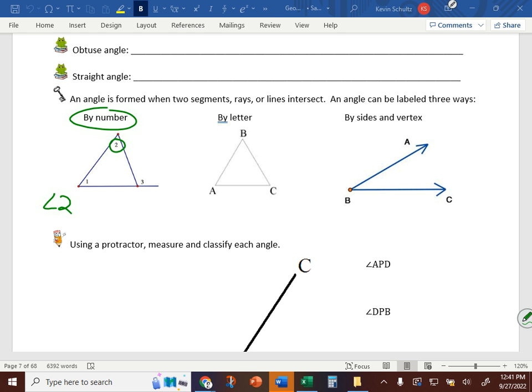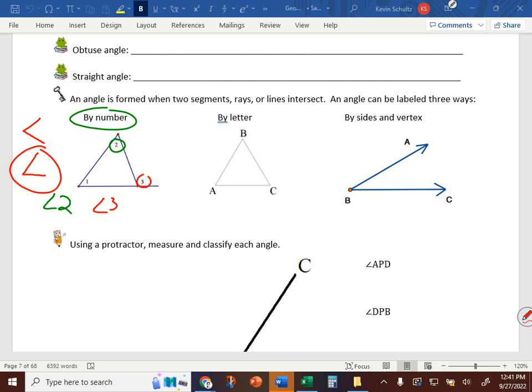Angle 3 would refer to this angle here. Notice the notation for an angle, it's kind of like a less than sign, but instead of a diagonal and diagonal like a true less than sign is, it's diagonal and horizontal. Sometimes I get a little bit sloppy in my writing, but this is the correct angle sign there.